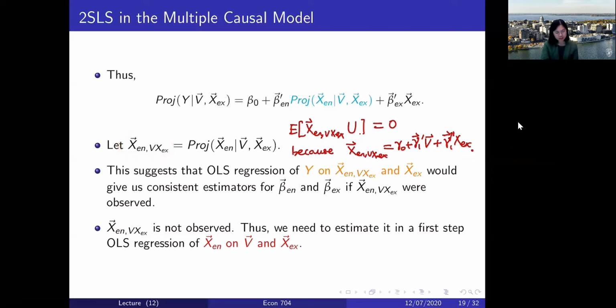So this suggests that if we can regress y on this variable and Xex together, that OLS regression will give us consistent estimators for beta En and beta Ex. So if we do observe this random variable, we want to run this OLS regression. And the OLS coefficient will be consistent for the causal effects here, which is also the coefficient in this projection model.